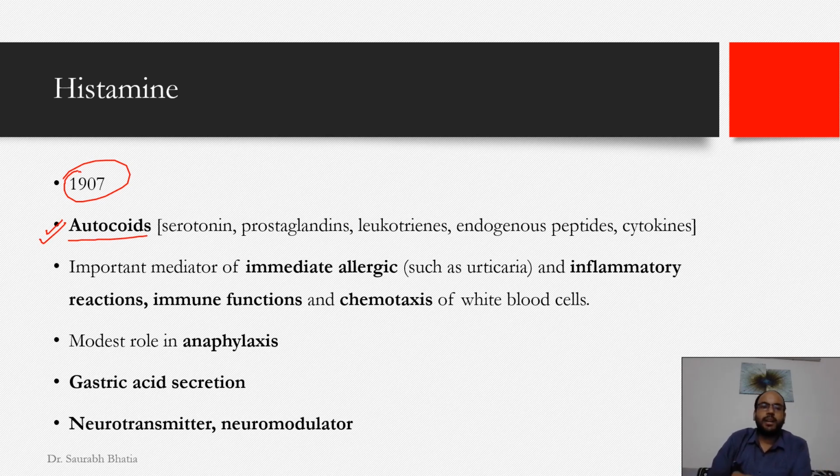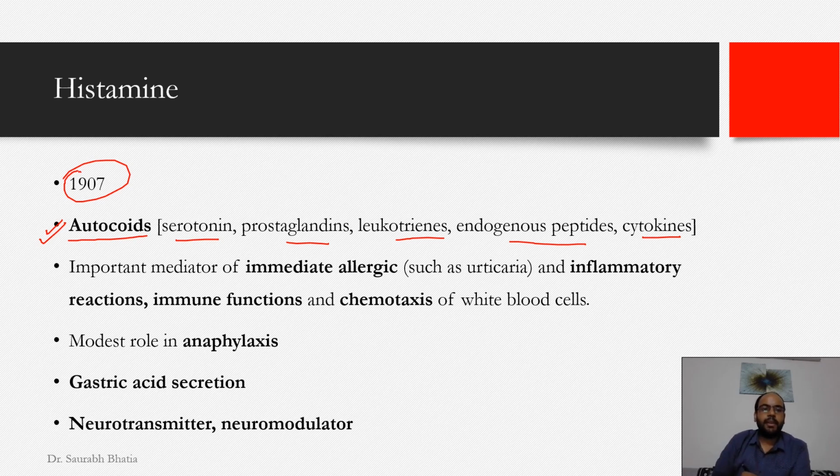Autocoids are those chemical messengers which act on the secreting cell and on the cells around it. And autocoids include serotonin, prostaglandins, leukotrienes, endogenous peptides like endorphins, cytokines. These are cell to cell messengers which act on cells present in the milieu, in the environment.